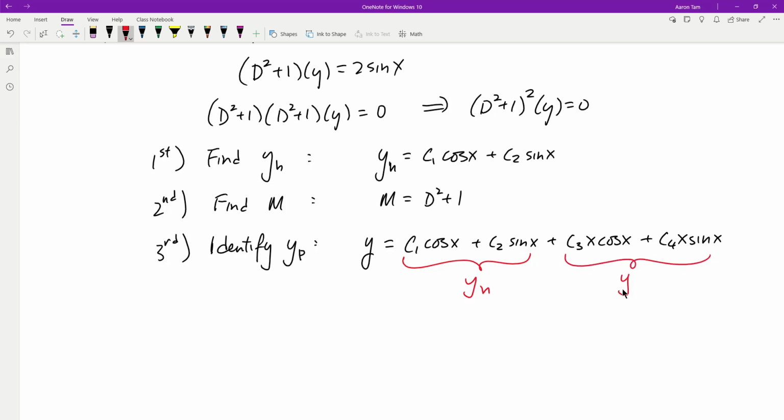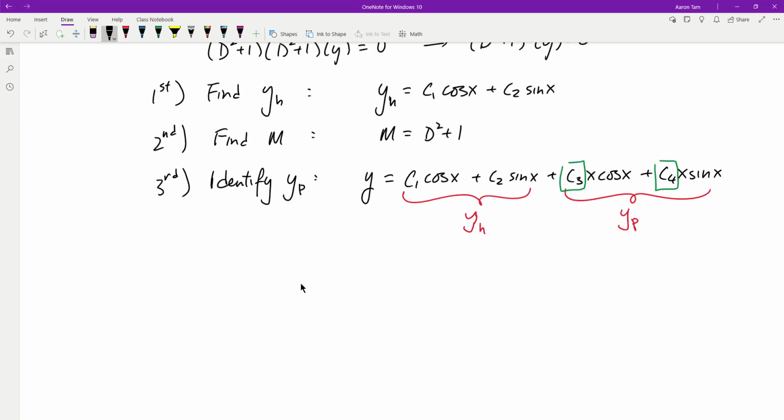This is my particular solution. And notice that in this case, we have two undetermined coefficients to figure out, c3 and c4. And it makes sense because our linear operator m is second degree. So now it's just a matter of trying to figure out what the undetermined coefficients are.